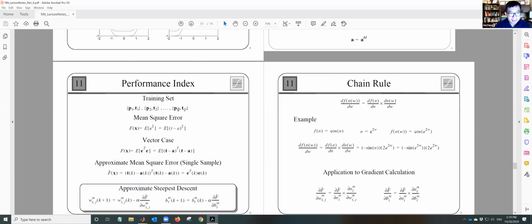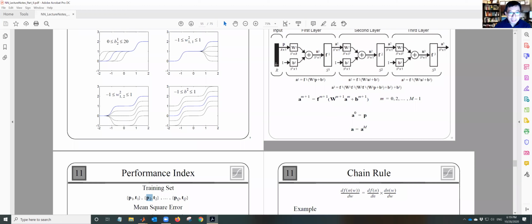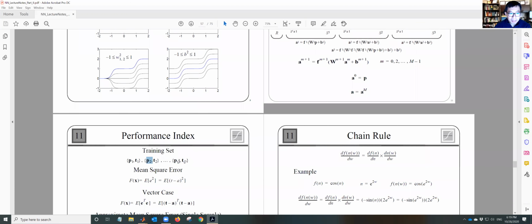What is P? It's an input and output target pair. Yeah, this is your P, right? And then you have output T. This is a T, input and output target pair. Excellent. Input output pair, the training data.